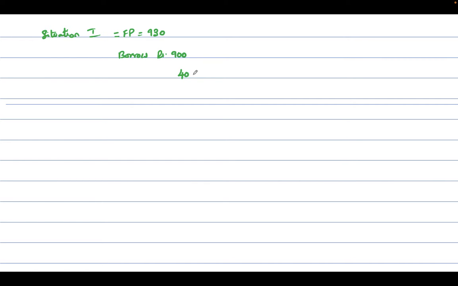So the present value of this is 40 minus 40 into 9 by 100 into 6 by 12. In 6 months the rate of interest is 9%. So it is going to be 38.24, the present value of the coupon payment.